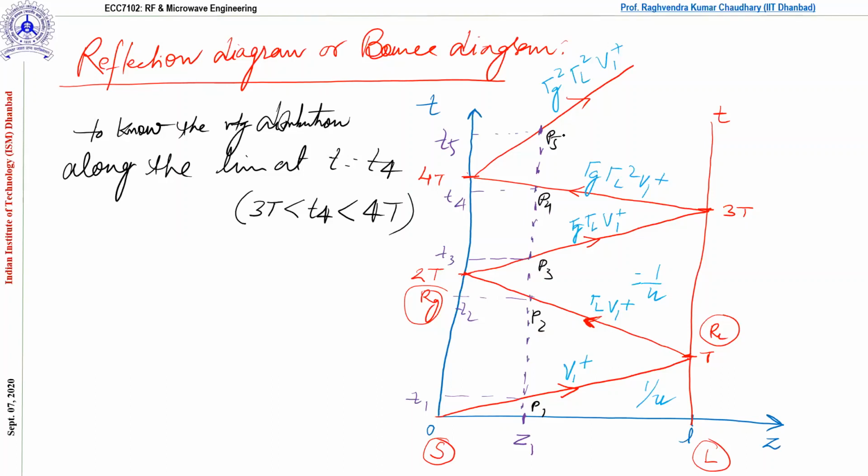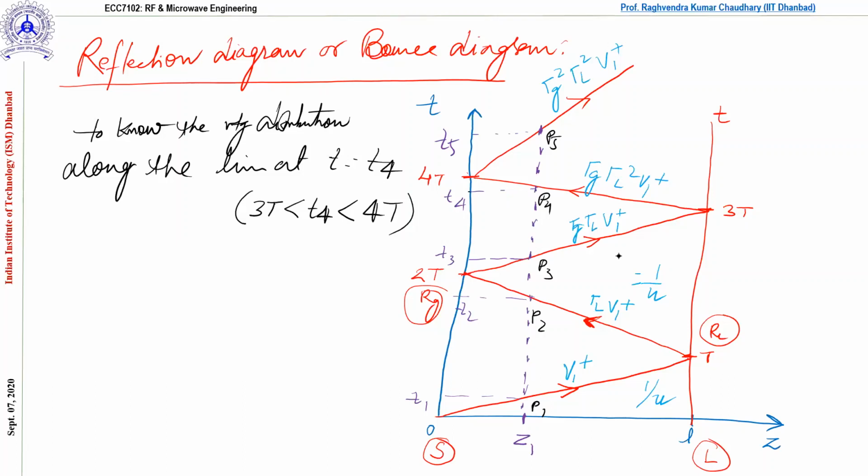So now we have some points. Now we can draw the horizontal lines as I told you. This point T4 is the point of interest, and what we need to do is find out the total voltage waves.